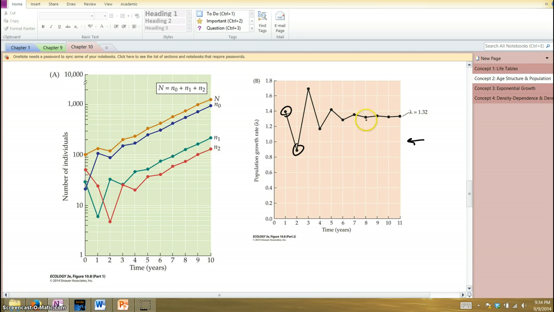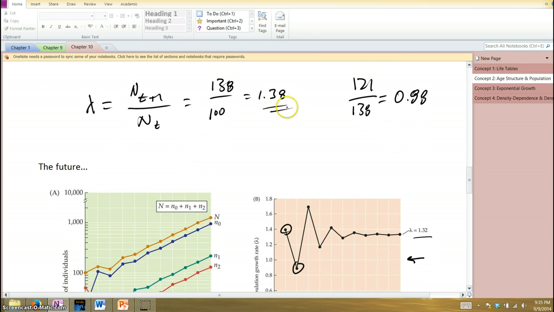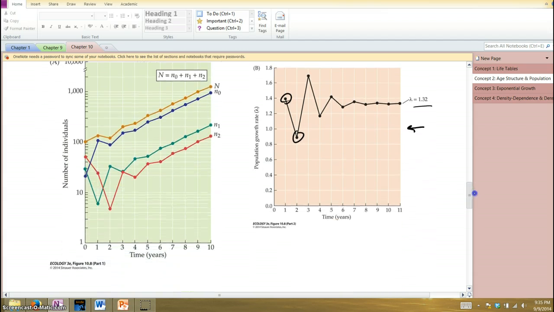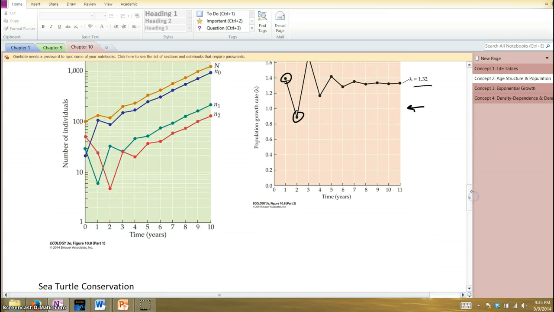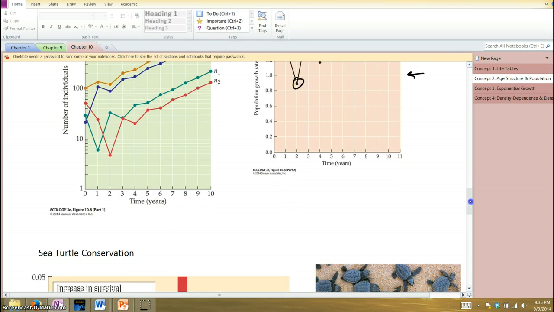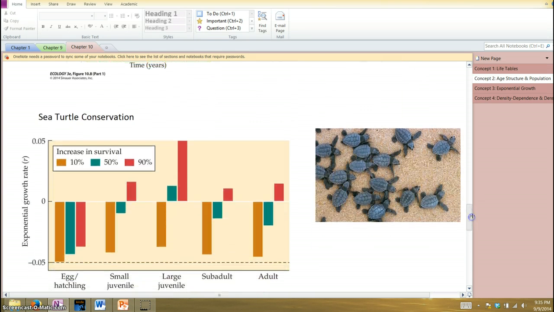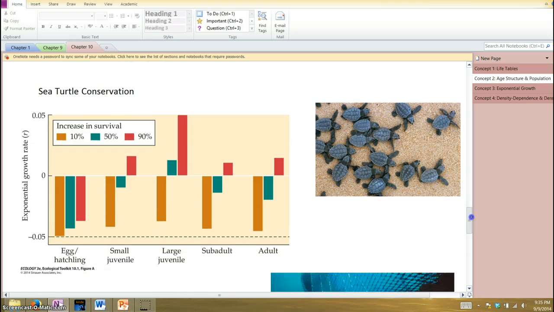And it levels off at a population growth rate of about 1.32, which is pretty close to what our first year was. So we can use this lambda, this population growth rate, to basically calculate what the population is going to do on into the future.